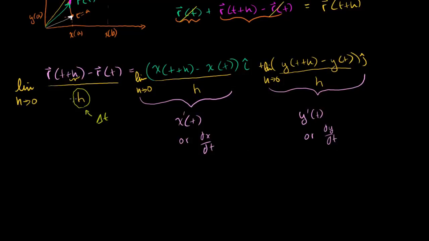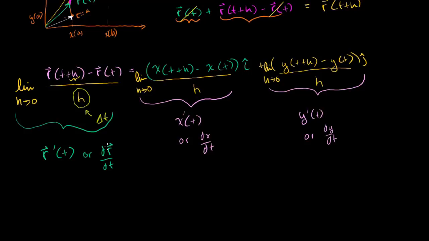So all of a sudden we can say, and I'm being a little hand wavy here, but I want to give you the intuition more than anything, we can call this expression right here the derivative of my vector valued function r with respect to t, or we could call it dr dt.